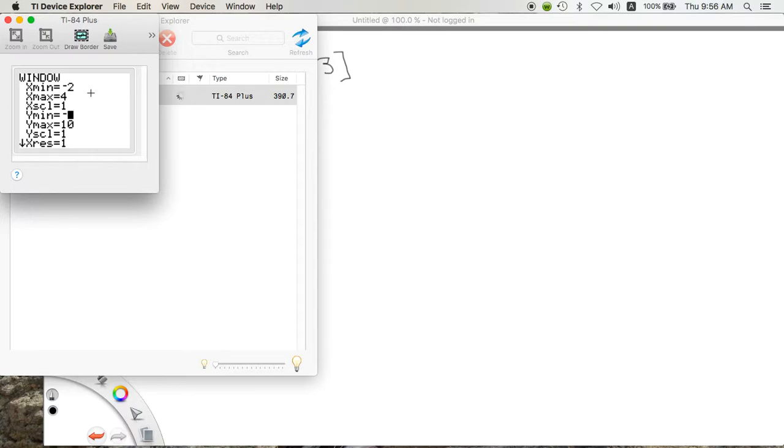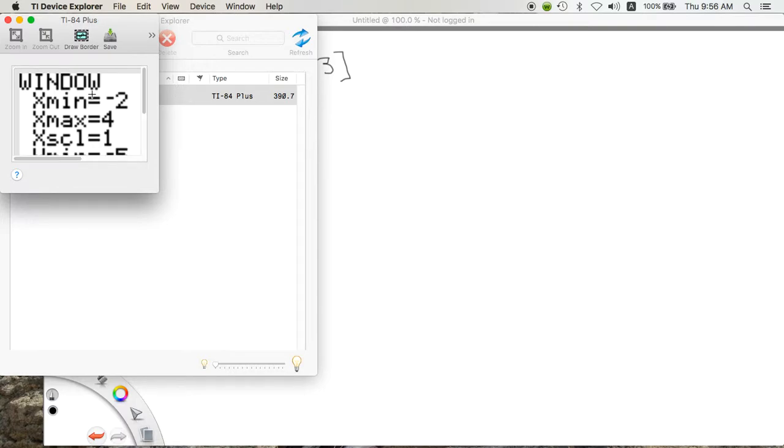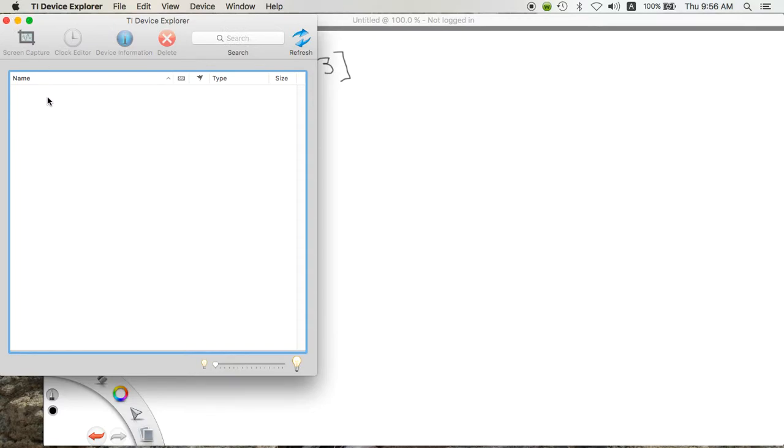It looked like it was pretty close to the x-axis, so let's put that from -5 to 5 so that we can see the graph a little bit better. And it's going to spaz out on me again.